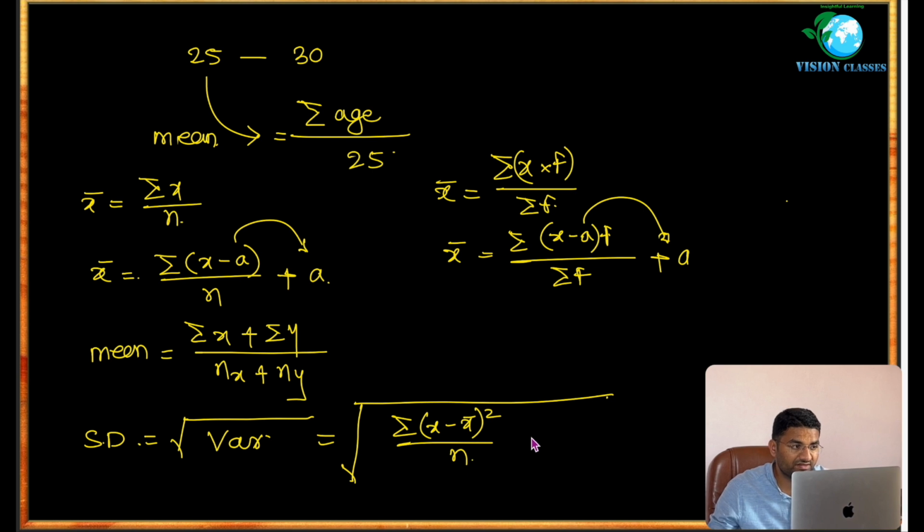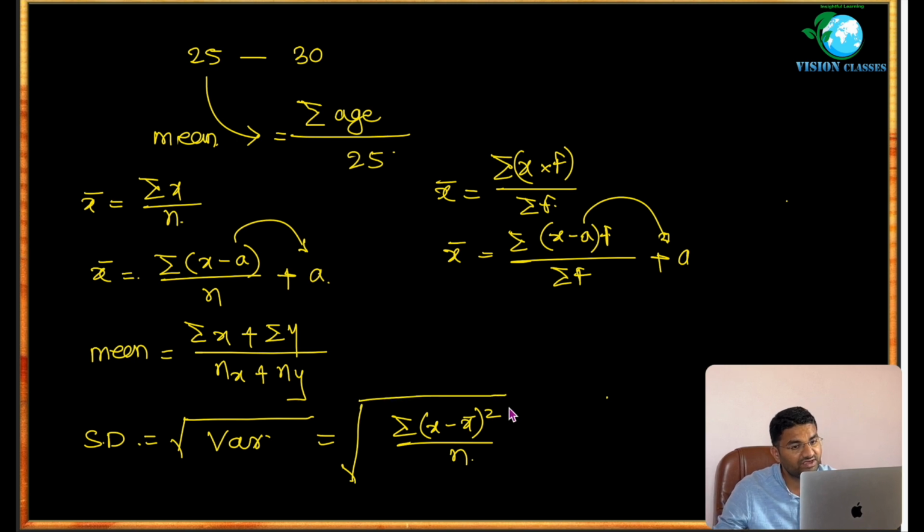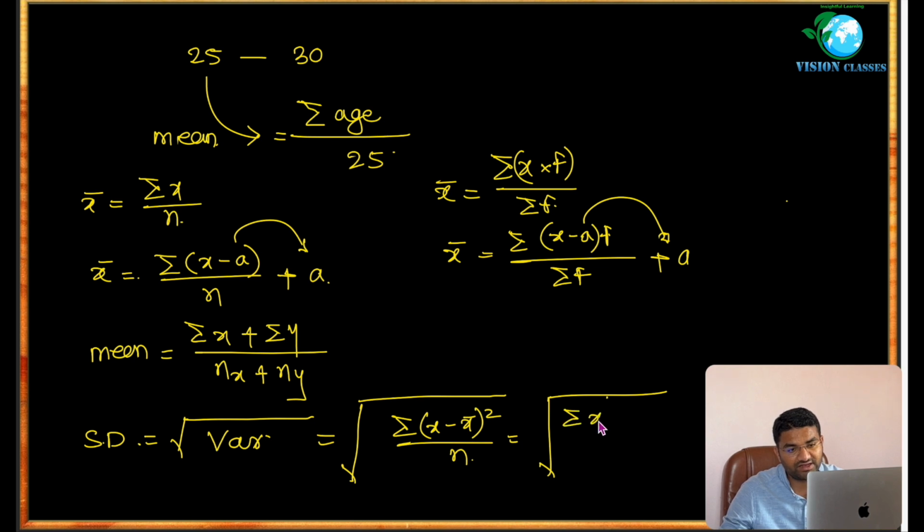This is the simple formula that we have. Apart from that, we have another standard deviation formula: the summation of x squared divided by n, minus x bar squared, the mean squared. This is the simple formula for the standard deviation.